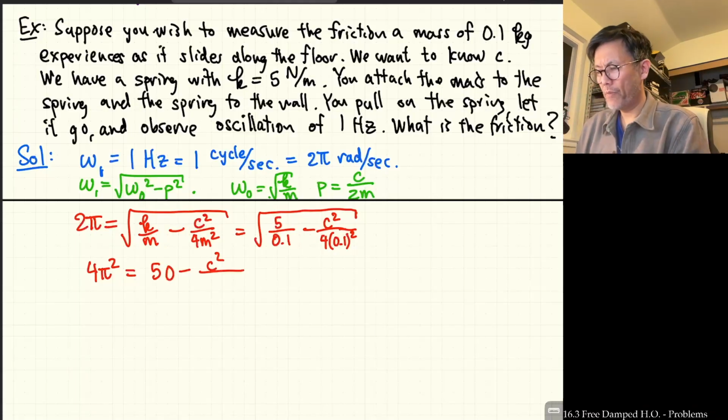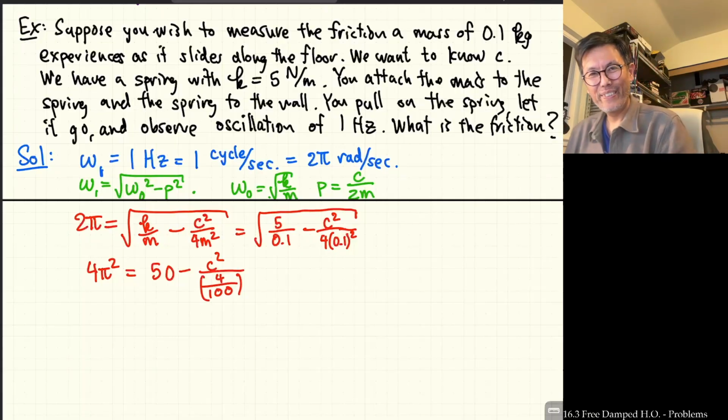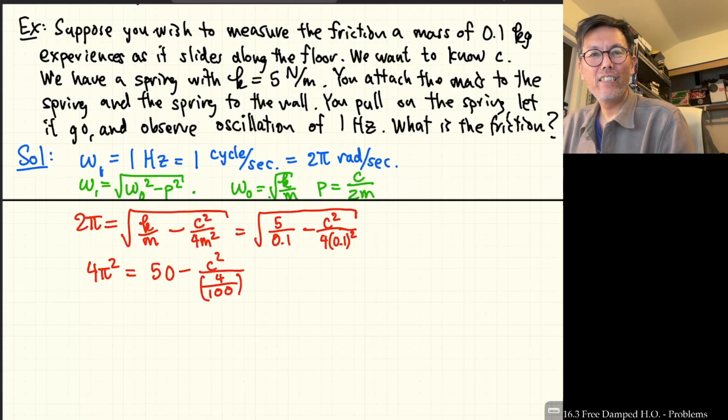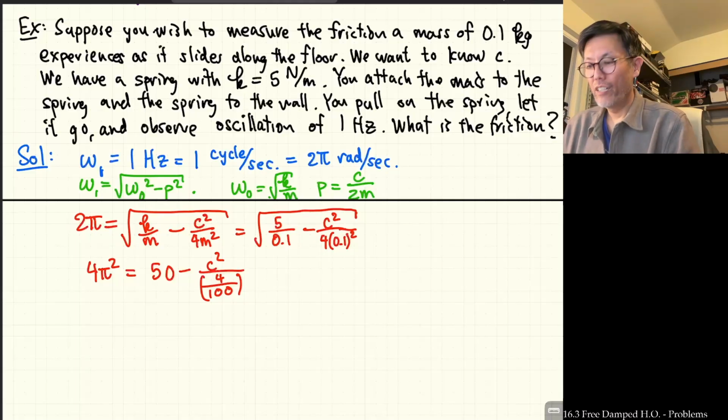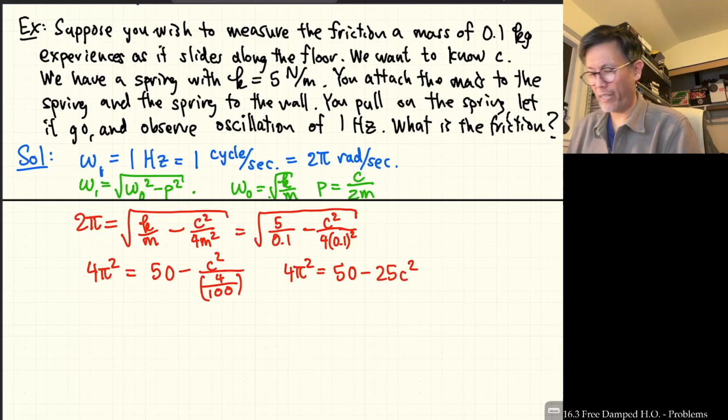And then 0.1 squared, 1/10 squared is 1/100th, right? And then we have 4 over 1/100th. So that's 4 over 100. 4 times 1/100th. This is a mess. But that's 1/25th. So this equation ends up being 4 pi squared equals 50 minus 25 C squared, I believe.